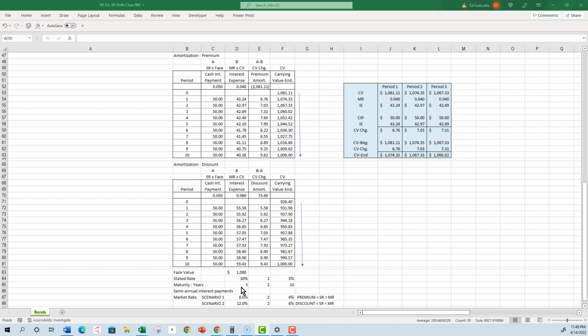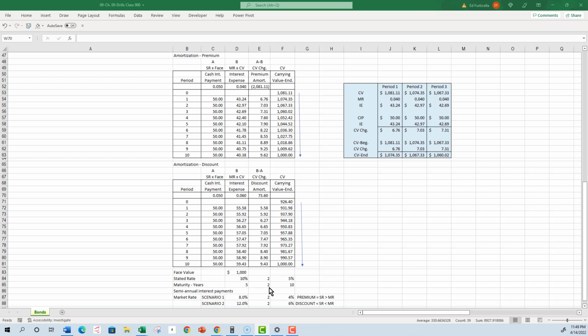With semi-annual interest payments, you take the stated rate of 10% divided by 2 and you use 5% each period. For the cash flow periods, you take the 5-year maturity, multiply it by 2, and you get 10 cash flow periods.